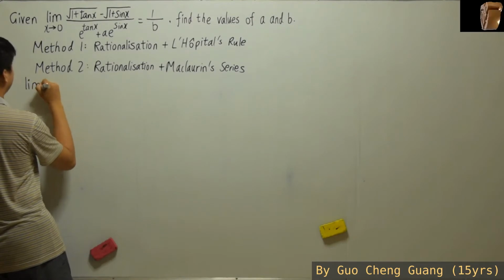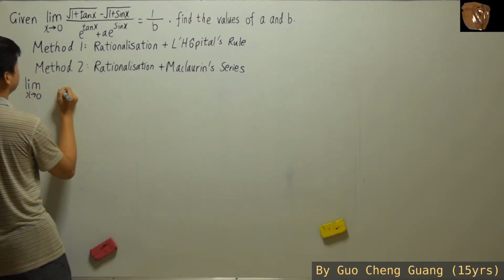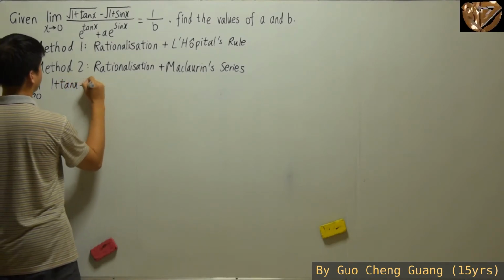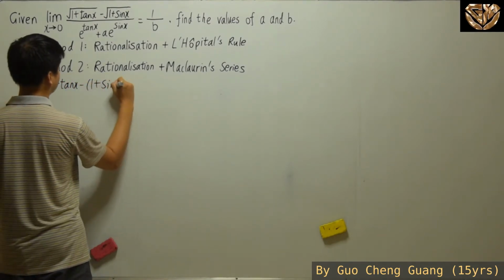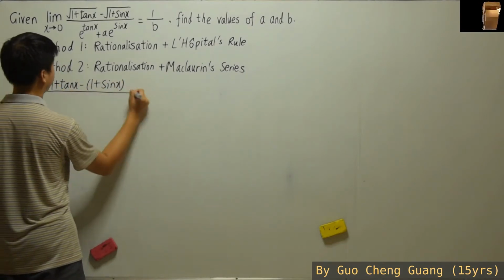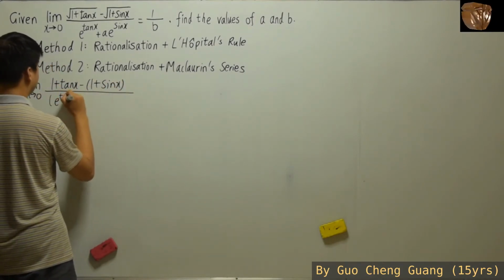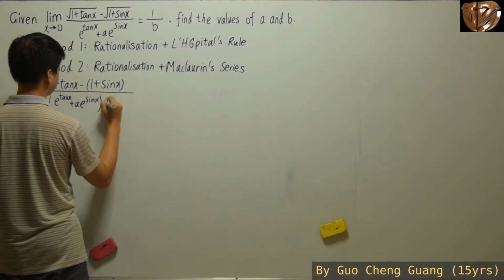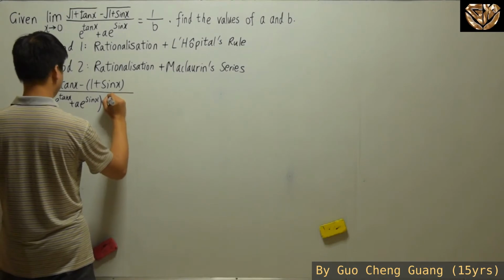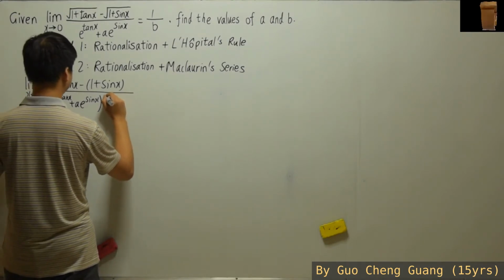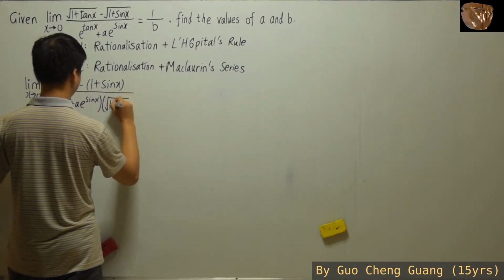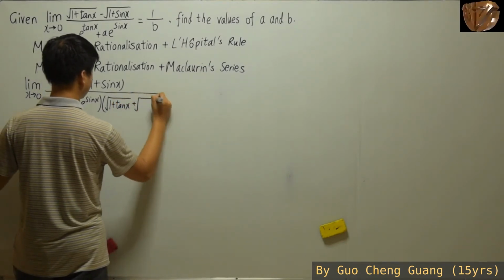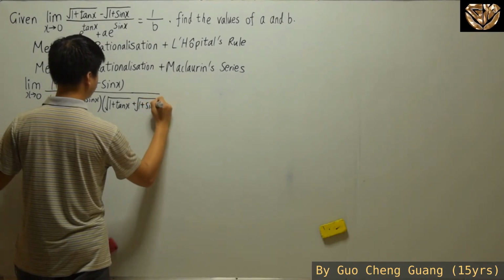We have the limit as x approaches 0 of 1 plus tangent x minus 1 plus sine x, divided by e to the power of tangent x plus a times e to the power of sine x, multiplied by square root of 1 plus tangent x plus square root of 1 plus sine x.